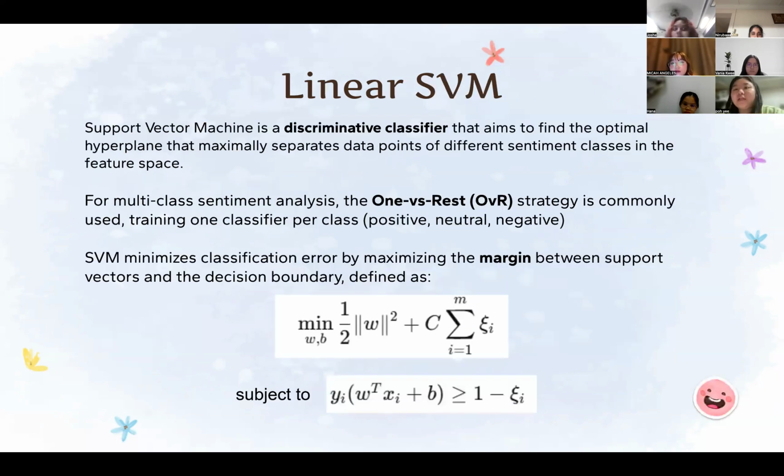So our third classifier, linear SVM, is discriminative and it finds the optimal hyperplane with the largest margin to separate the sentiment classes. Unlike logistic regression, it does not predict probability. For the class analysis, we use a one-versus-rest strategy to train a model for each class, and it helped to minimize the classification error while maximizing the margin between the decision boundary and support vectors, which typically enhances generalization.